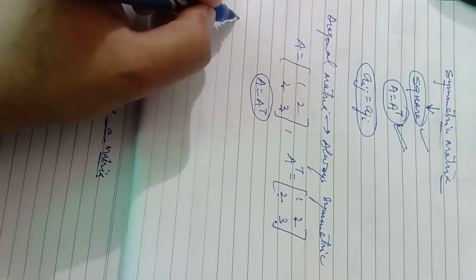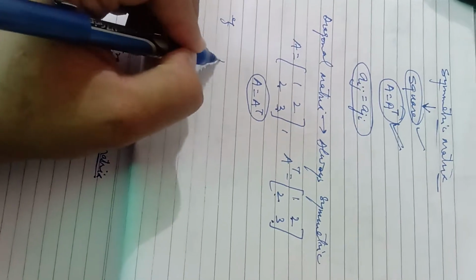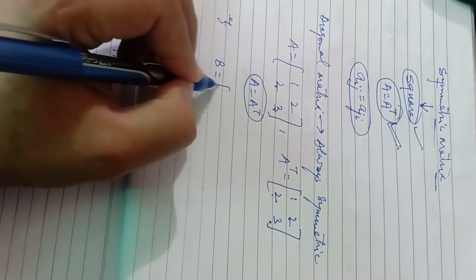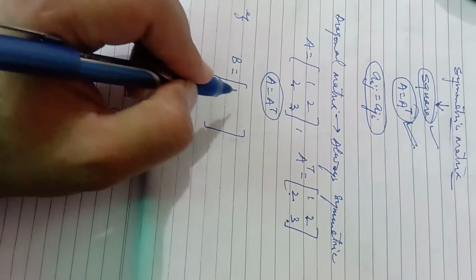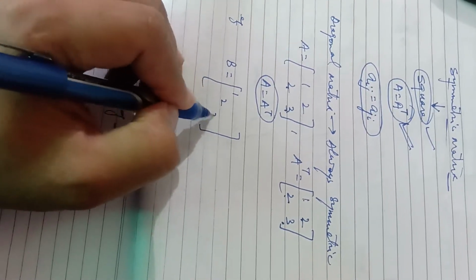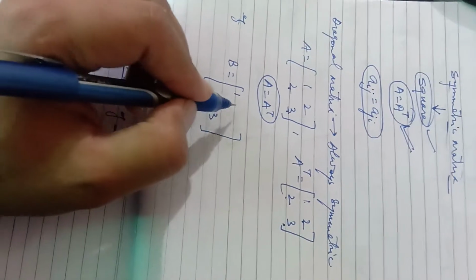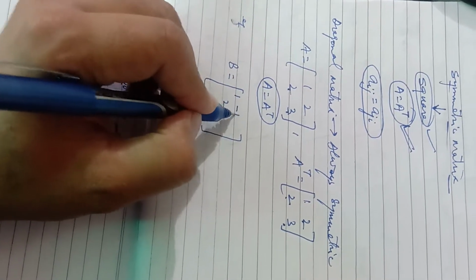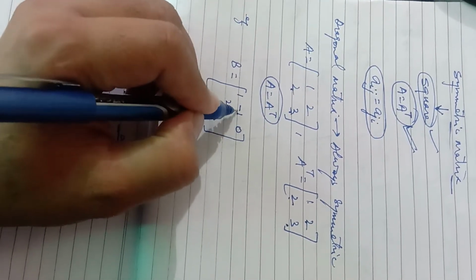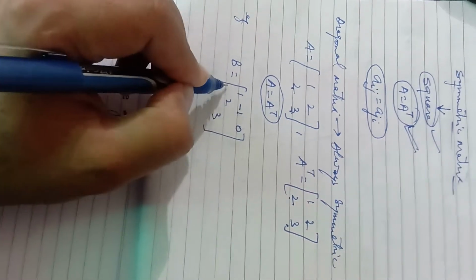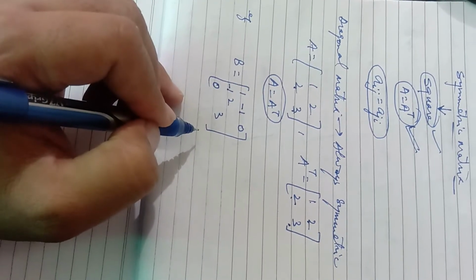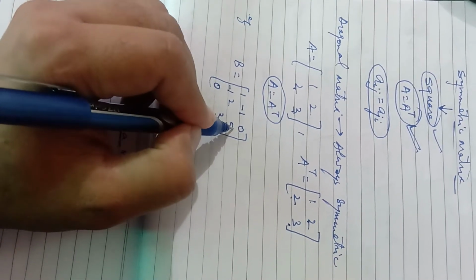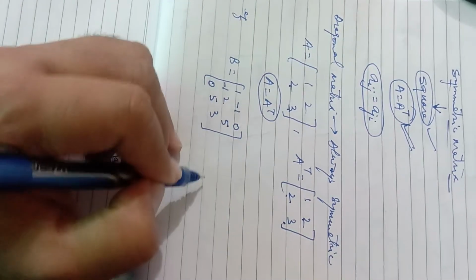For example, if you talk about a 3 by 3 matrix, let me consider a matrix B. What you do, you write the diagonal first, whatever it is, like I have written 1 2 3. Whatever you write in the first row, in the remaining two places of the first row, the same entries you write in the remaining two places of the first column. And whatever you write here, the same thing you write here.